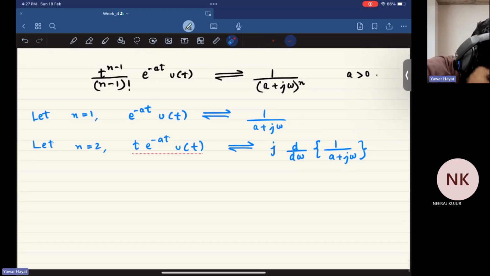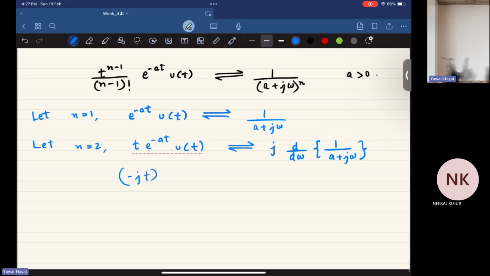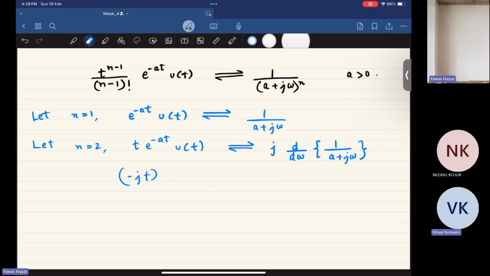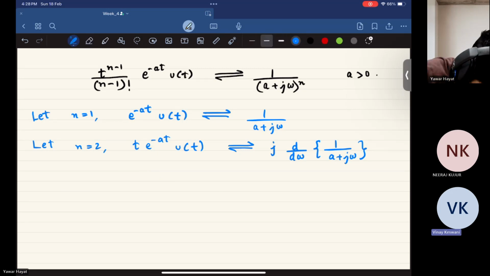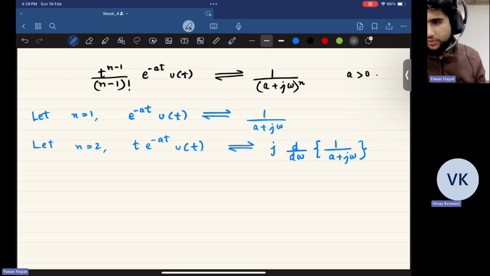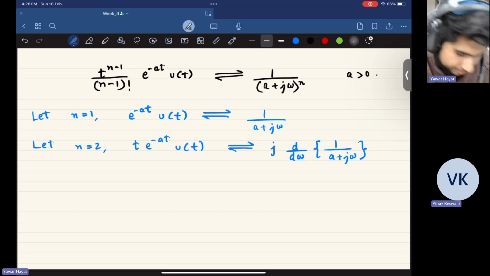See, it was this way around, right? It was minus jt times this particular factor times d by d omega. I guess I should show the in-between steps with this gray color.